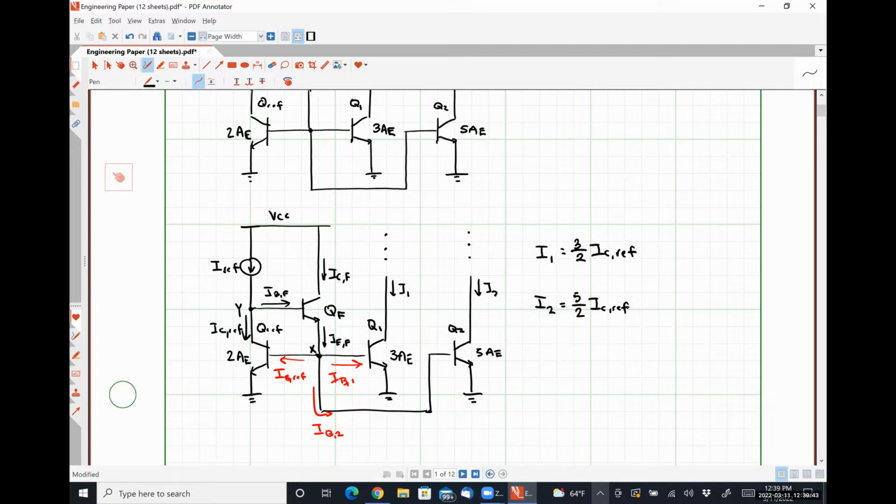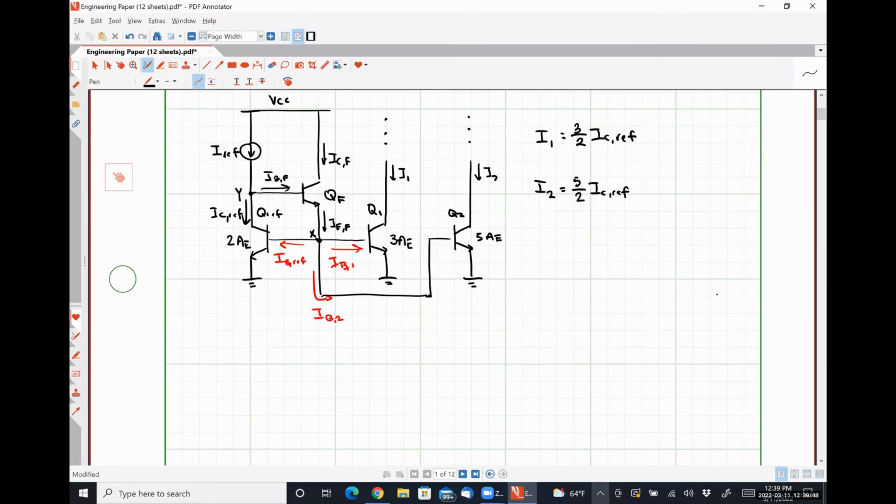So if we apply Kirchhoff's current law at node X, what we see is that our current IEF is equal to IB ref plus IB1 plus IB2.